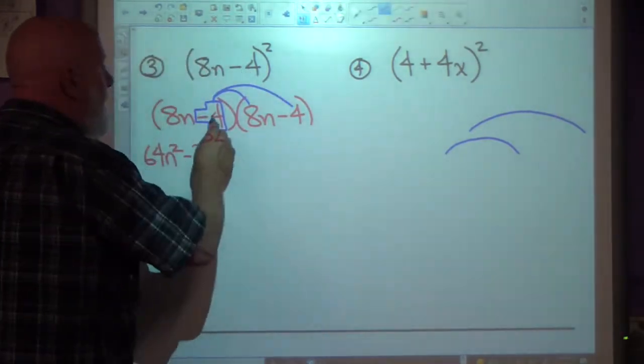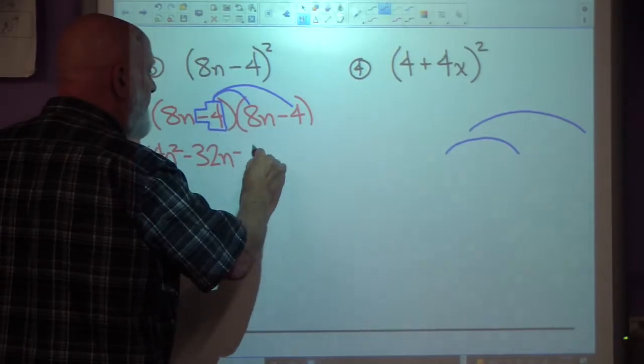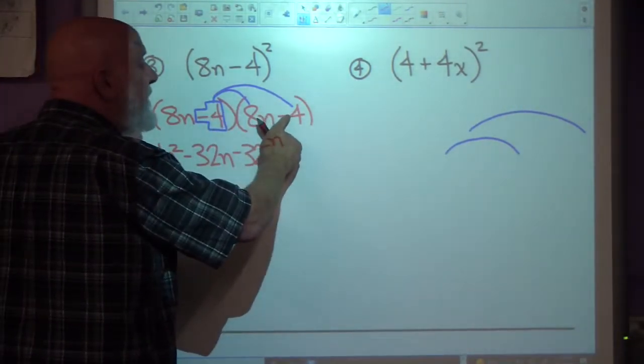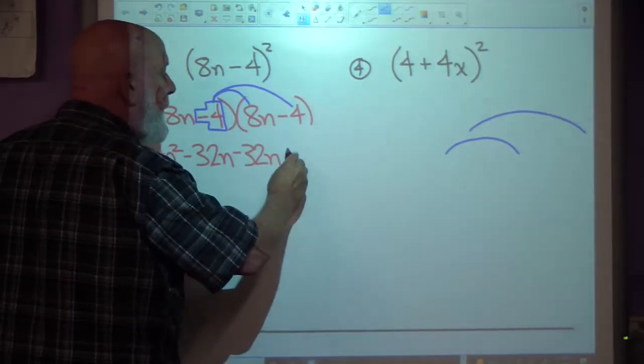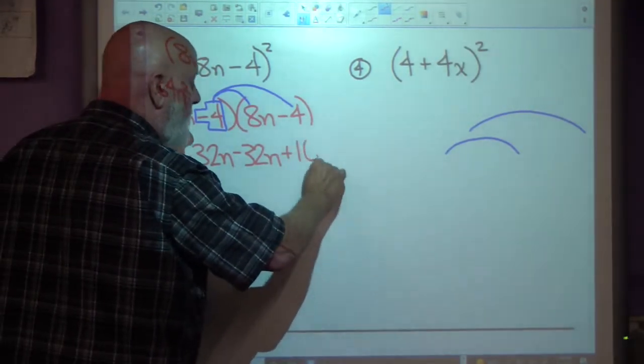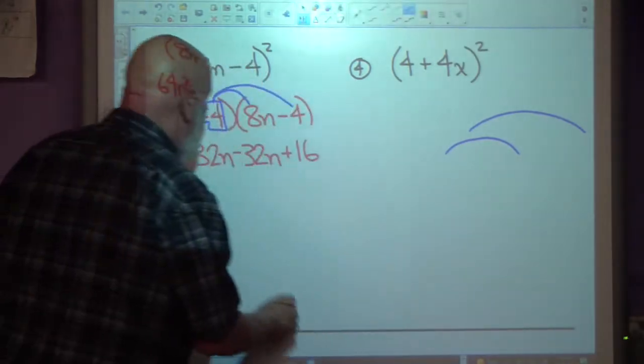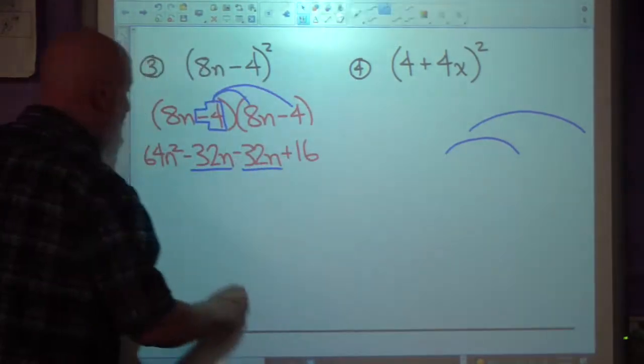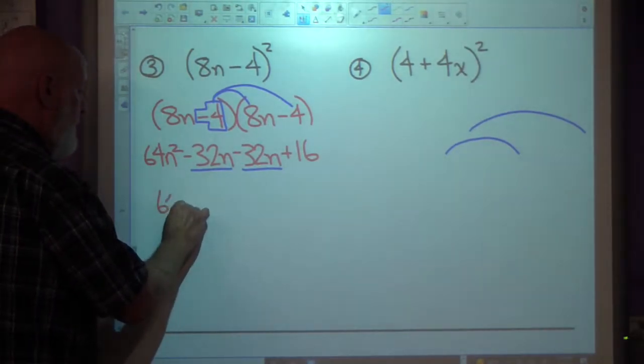And here we go. That's negative 32n. And this is negative 4 times negative 4. Negative times negative is positive 16. We combine our like terms. And that yields 64n to the second power.